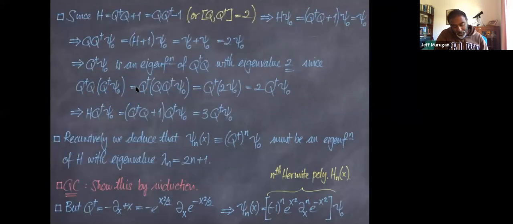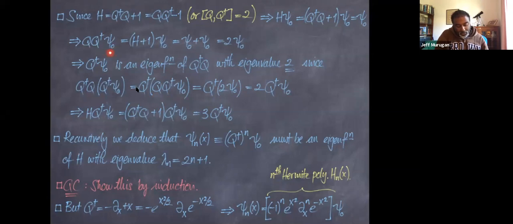Okay. So that's just 2 psi naught. But if QQ dagger psi naught is 2 psi naught, this necessarily means that if I act with Q dagger Q on Q dagger psi naught and shift the brackets around, that's the same as Q dagger acting on QQ dagger psi naught.